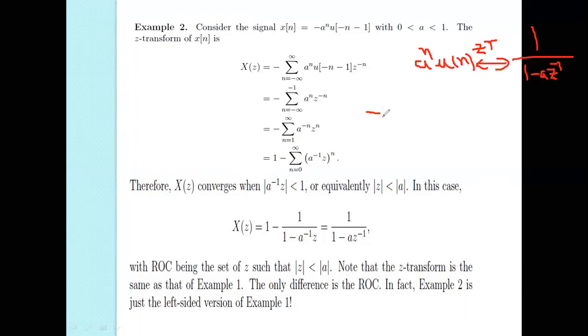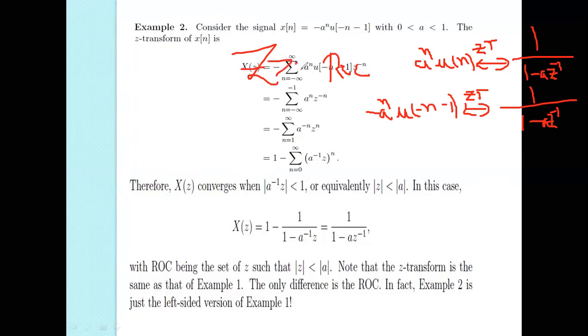And for minus a^n mu of minus n minus 1 also, the z transformation will give the same thing, 1 by 1 minus a z inverse. But the ROC is different. What is the ROC for this one? The ROC is z greater than a. Remember this one.